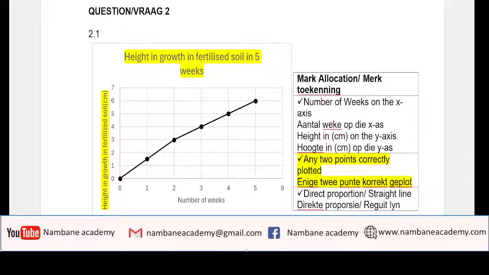The y-axis is height of growth in fertilized soil in centimeters, with a scale from 0 to 7. On the x-axis, there's number of weeks, with a scale from 0 to 6.